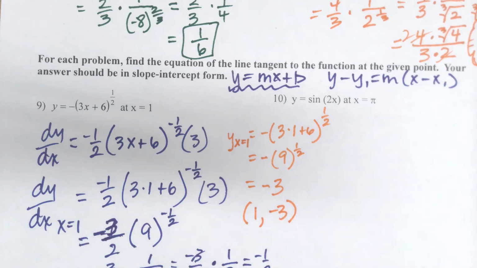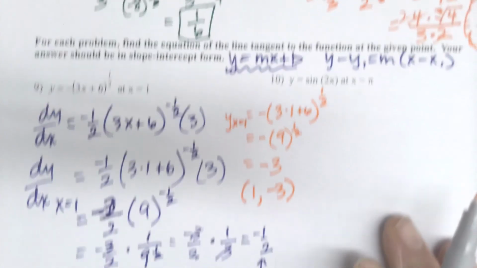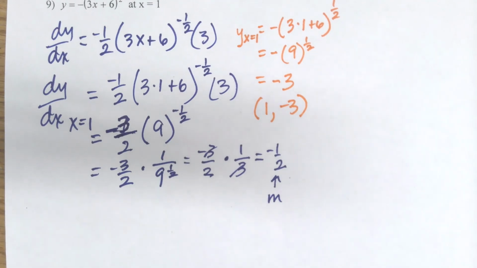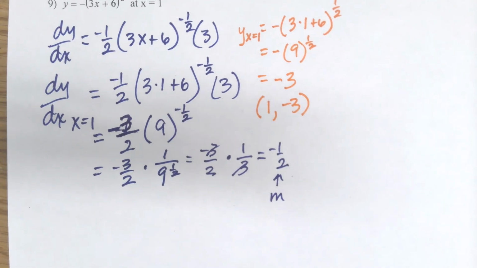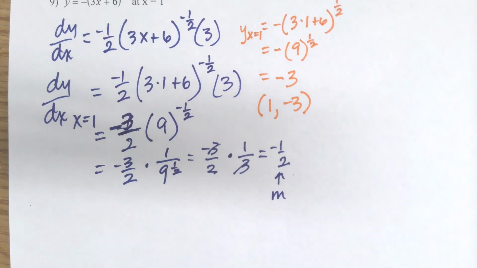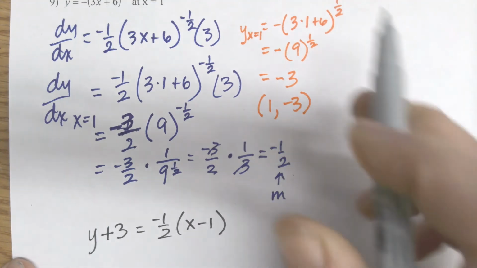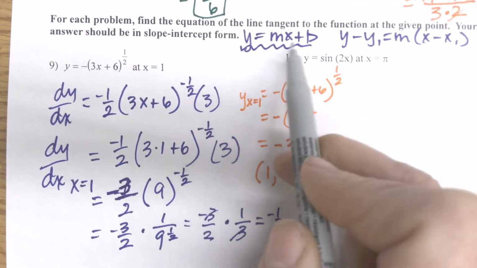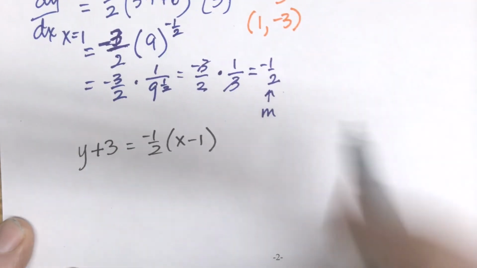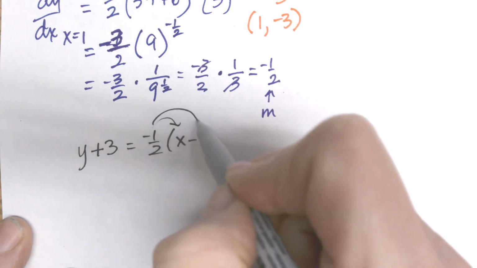Now I have my slope, I have my point. I'm going to put it together in my point-slope form. So this is y minus -3 equals -1/2 times x minus 1. But because the directions said put it in slope-intercept form, now I'm going to have to manipulate this. So I'll distribute that through.